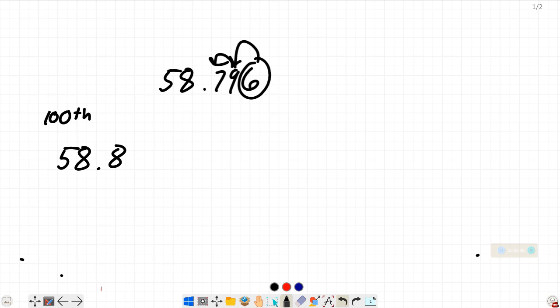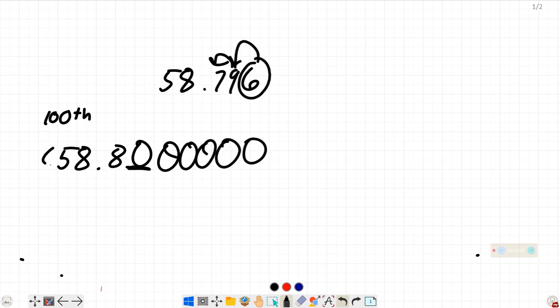And we wanted to round to the nearest hundredth, which is this space. What number is really there? That number is 0. And actually, you can write as many zeros as you want. But we're lazy. We don't write those, for the same reason that we don't put zeros out here. Does that make sense?